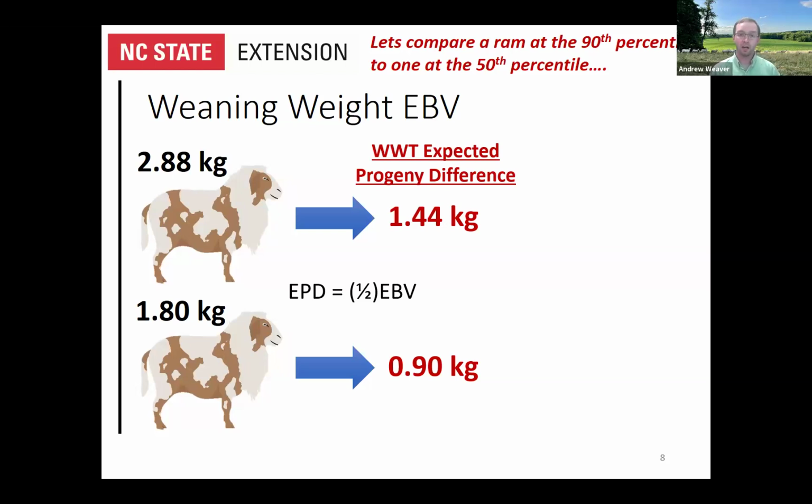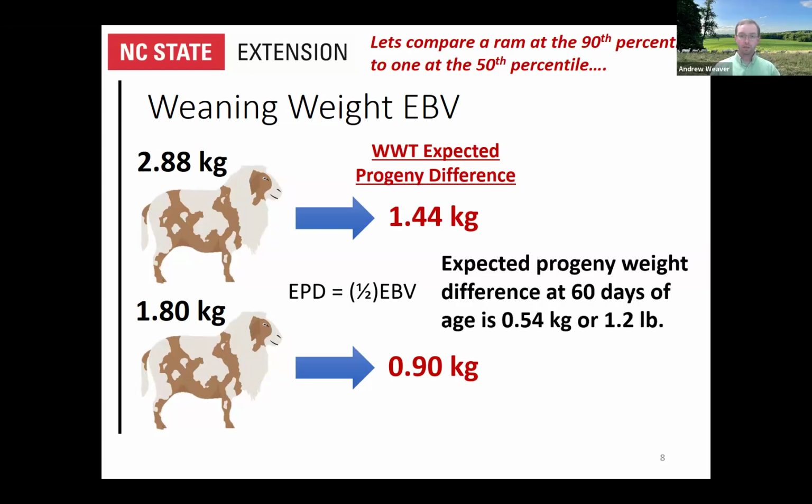And so if we then compare these two numbers, take the difference between these two numbers, we would expect the progeny weight difference at 60 days of age to be approximately 0.54 kilograms. If we want to convert that to pounds, it would be 1.2 pounds. So based on the genetic merit of these two individuals, what we'd expect them to pass on to their offspring, if they were bred to the same group of ewes, so the ewes on the dam side, the dam certainly contributing, obviously, to genetic merit of the offspring.